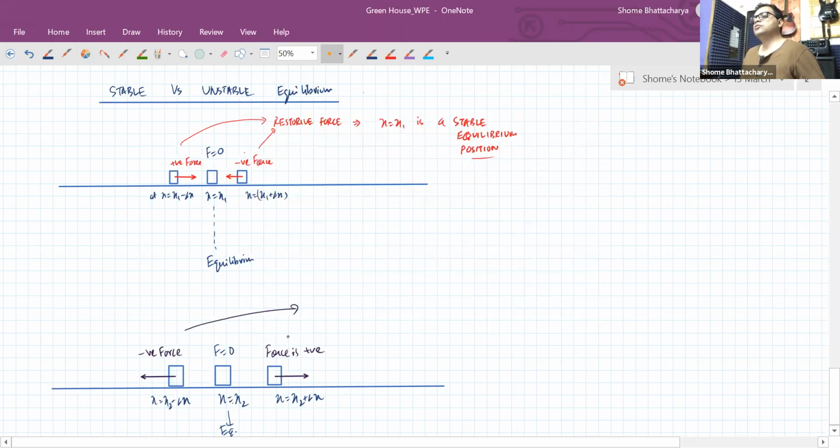So then these become what we call non-restorative forces because they point away from the equilibrium point. So this means that x equal to x2 over here is an unstable equilibrium position.